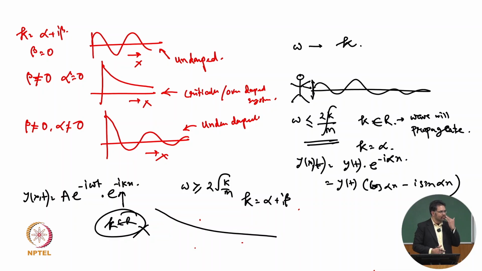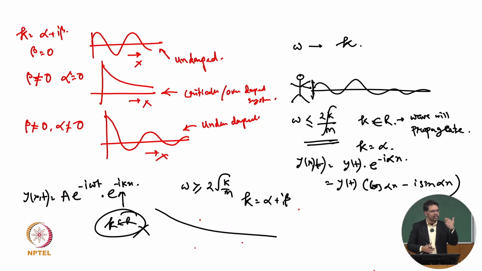Agreed. So it does not require changing the assumed solution. The assumed solution is still fine because we are not restricting anything. We just make it liberal, or rather we make it much clearer: if kappa is real, the wave will propagate.